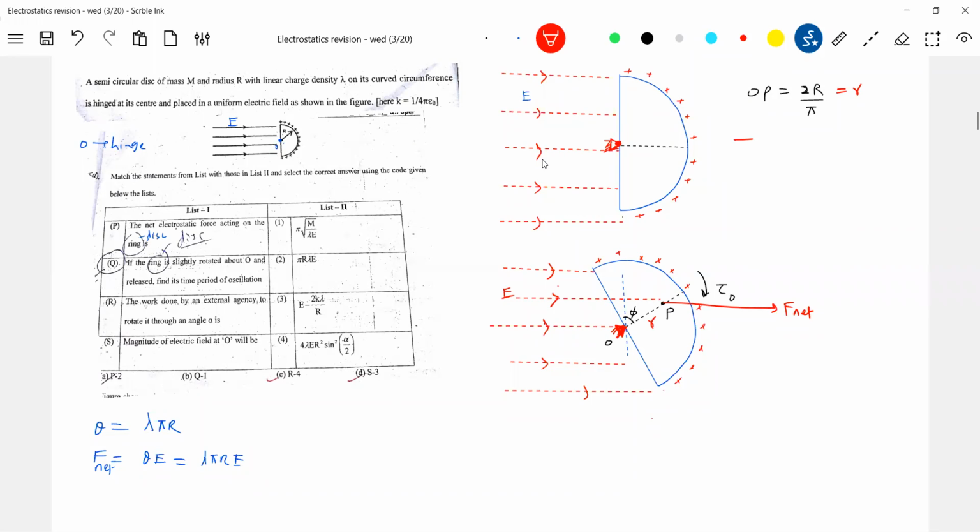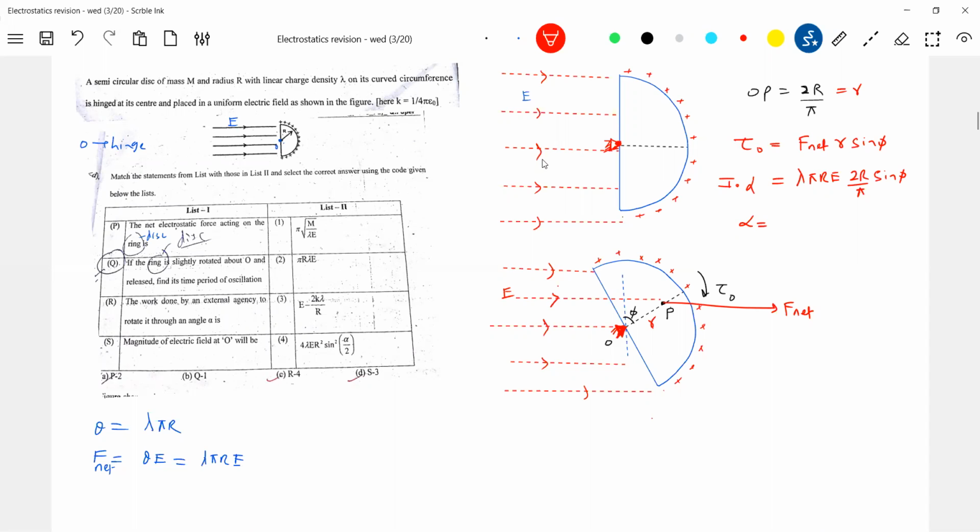So therefore, what is the torque? Torque about O should be equal to F net into R sine phi. What is F net? Already we calculated, lambda pi R E. What is small r? Small r should be 2r by pi into sine phi. So this should be equal to I naught alpha. So here what do we get?